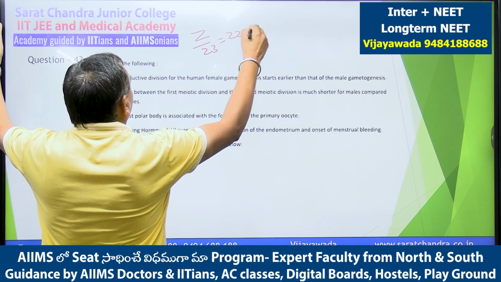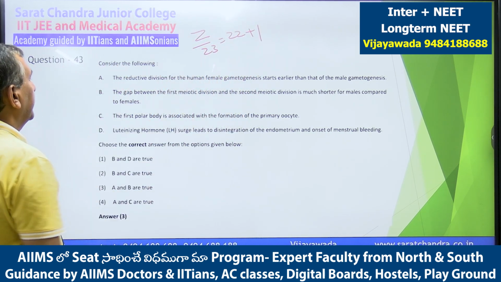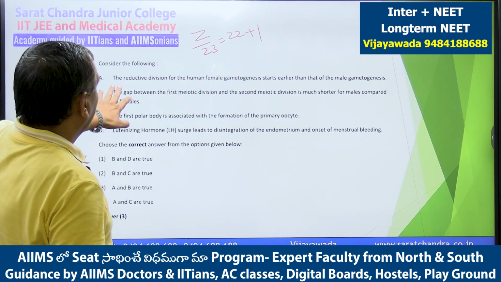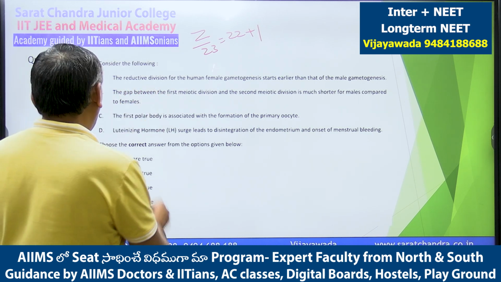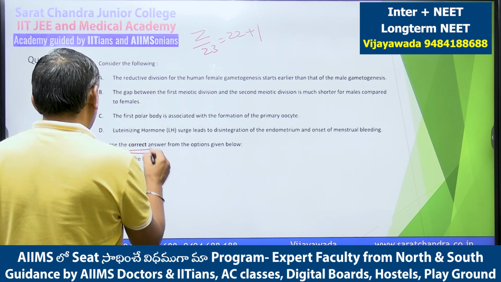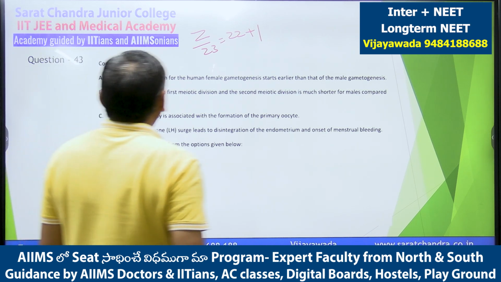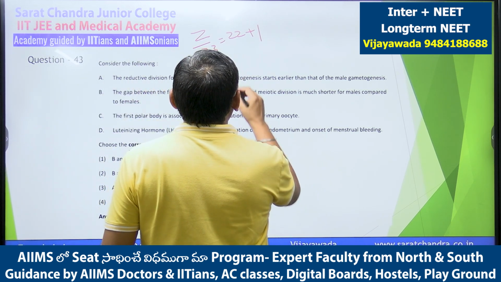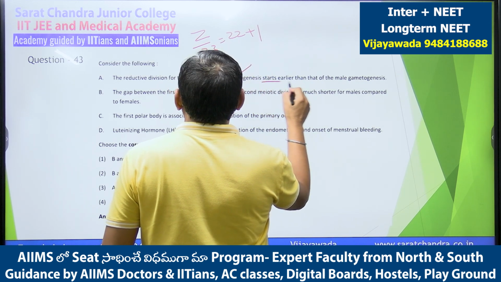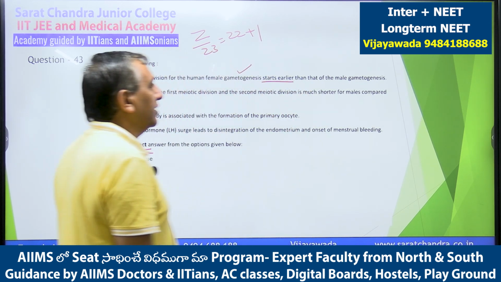Zoology 23, then 22 plus 1. Already I think known by you. For the reductional division of the human female gamete, they are asking how many are correct. Human female gametogenesis starts earlier than the male gametogenesis.